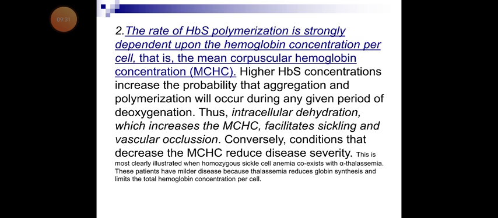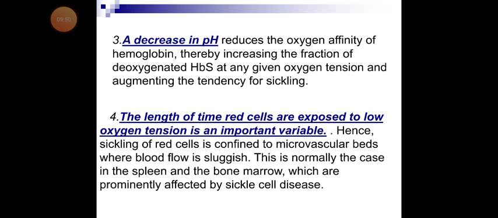Conversely, conditions that decrease the MCHC will reduce disease severity. Here students, we should know that every sickle patient is advised not to become dehydrated by any means, whether they are suffering from diarrhea or any other illness, otherwise their disease may progress.